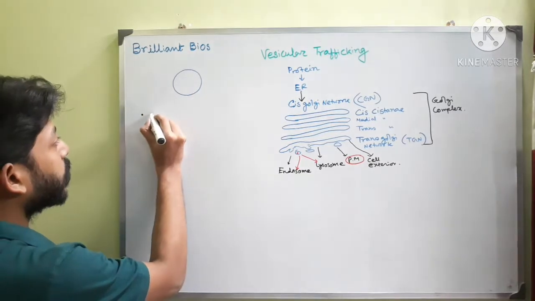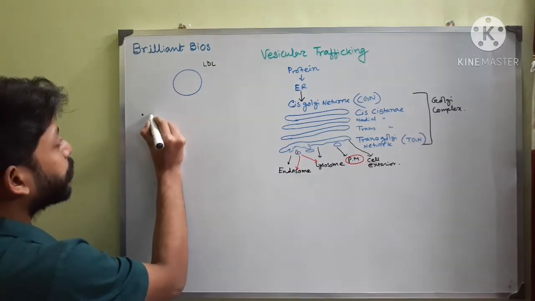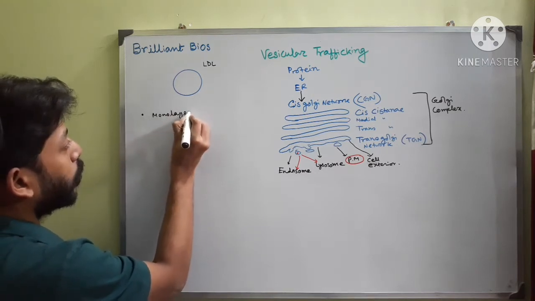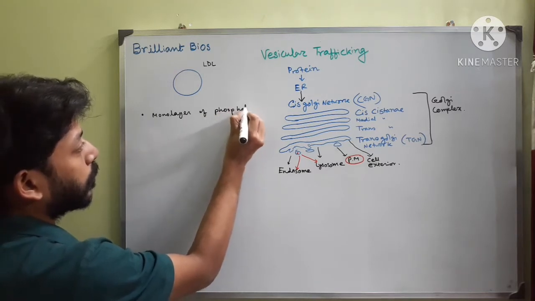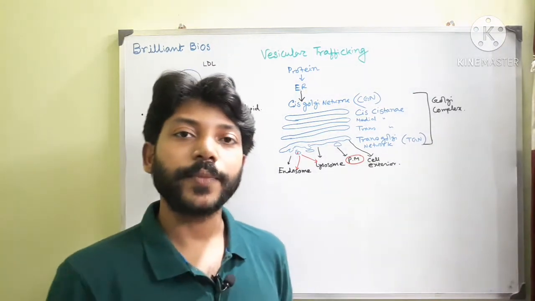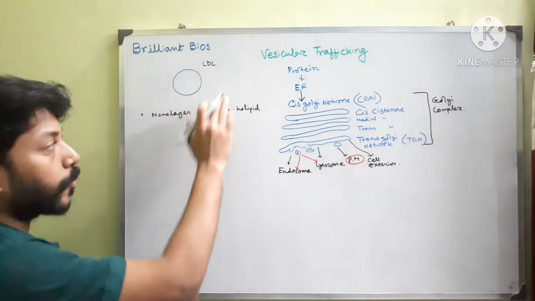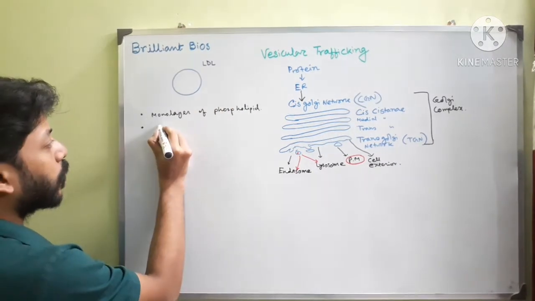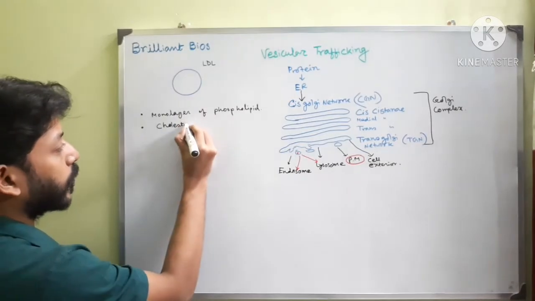The first is that LDL is made up of a monolayer of phospholipid. We know that the plasma membrane is made up of a bilayer of phospholipid, but LDL is made up of a monolayer of phospholipid. This phospholipid can have cholesterol. So this LDL has cholesterol.